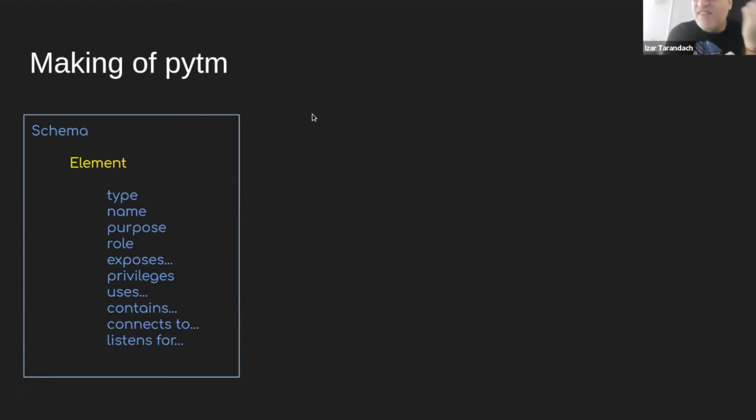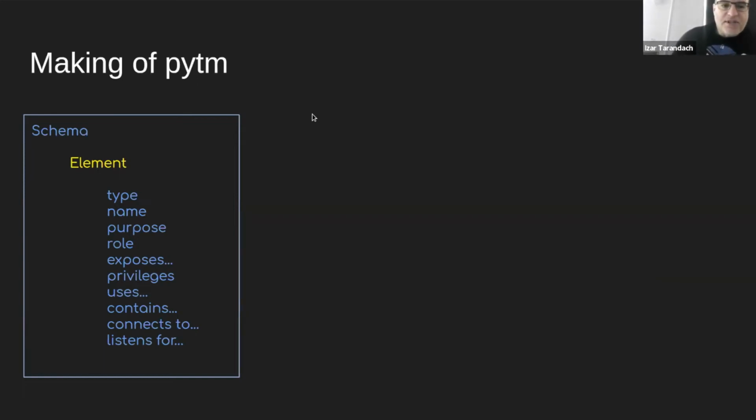Lately, we have introduced data elements. I'll talk a bit more about it later. And each one of them has different sets of attributes, some of them common, some of them specific to the kind of element. And we feel that even though there is space to grow, with the set that exists right now, we are able to express most systems that we have encountered.